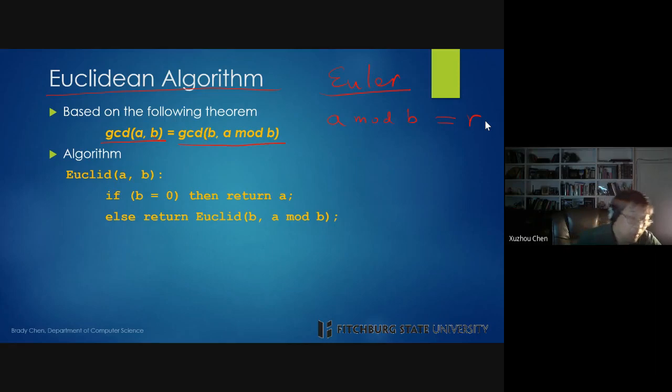Now, if you write an algorithm using any computer language, the algorithm you can use is pretty simple. This is called a recursive algorithm. You define a method called Euclid, where A and B are two integers, and then you call this method with two numbers.